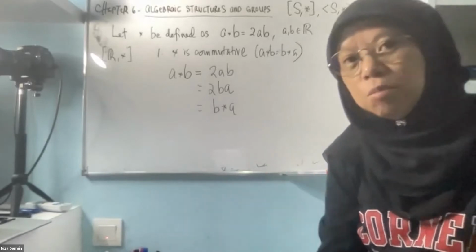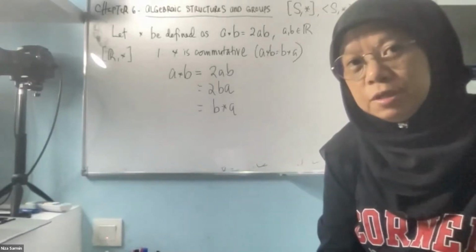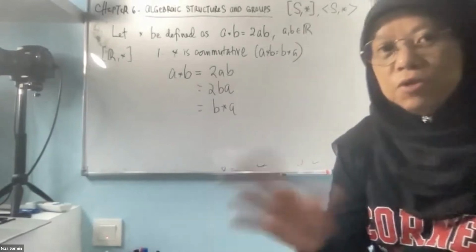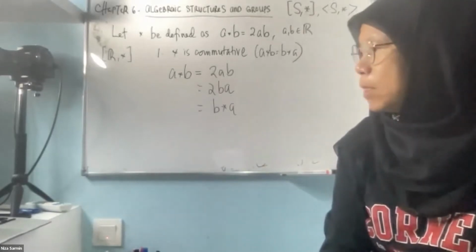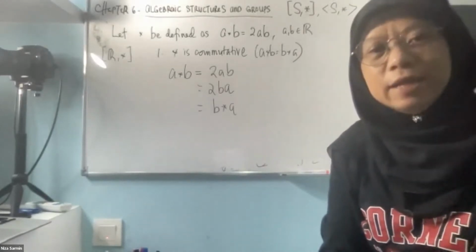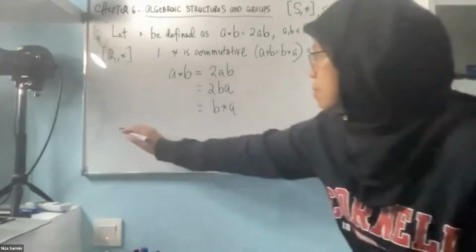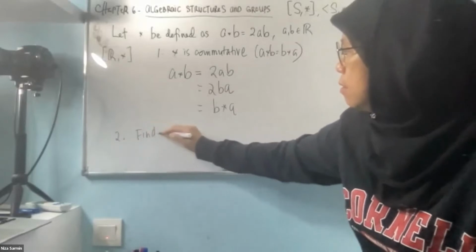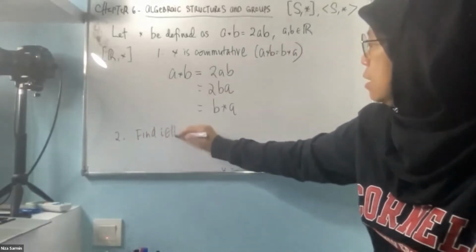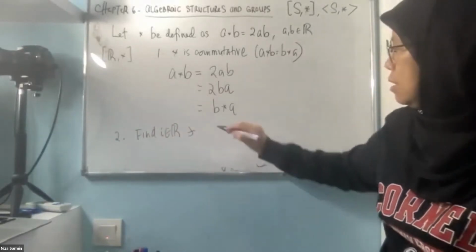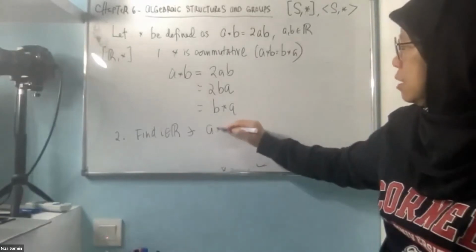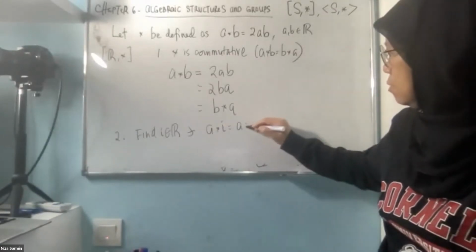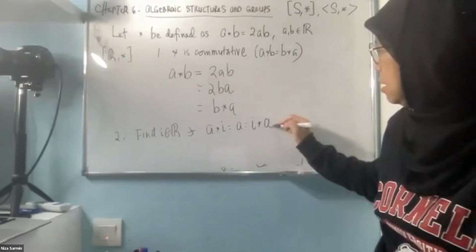This is just like a normal multiplication, only you have 2 outside, right? Okay. Now find the identity. You want to find I in R such that A star I is A, which is I star A.